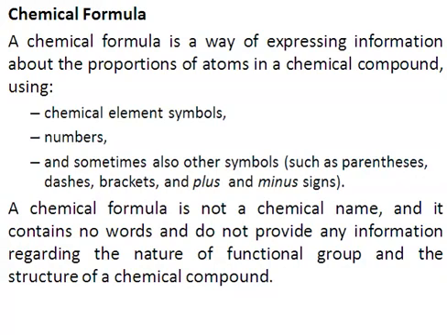Right? So normally a chemical formula contains symbols of elements and may contain numbers indicating the ratio of each type of element, and sometimes it makes use of symbols like brackets, parentheses, dashes, plus or minus signs as well, right? But they do not provide any information about the structure of a chemical compound.